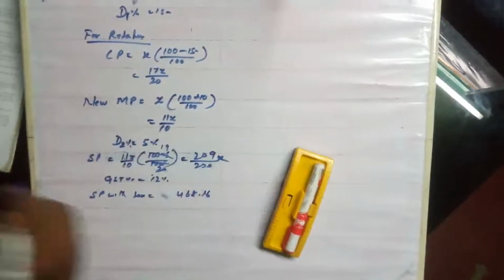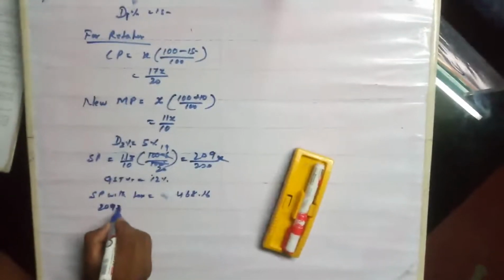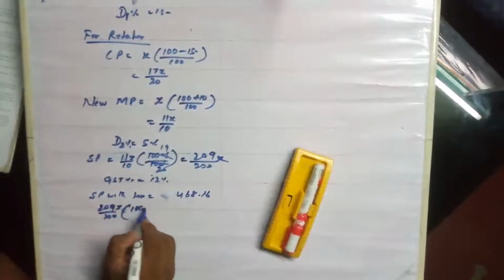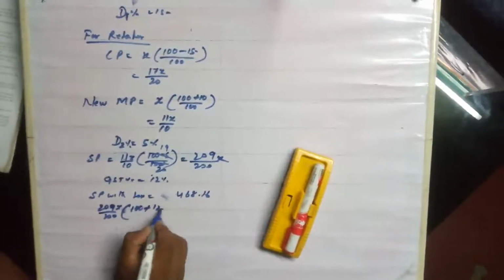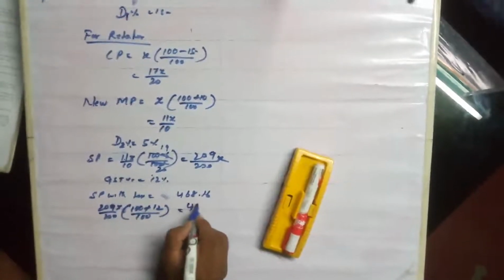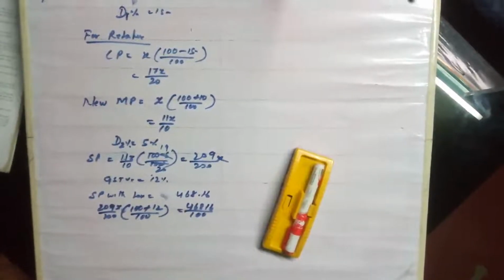Okay, this formula on this 12% tax you charge. 209x by 200 into (100 plus 12) by 100 is equal to 468.16. Agree? Okay.